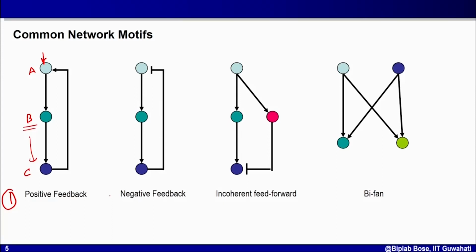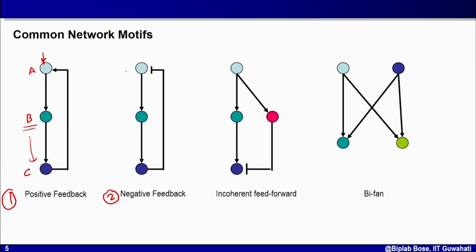Let us look at the second very common network motif in molecular processes, negative feedback. Just like positive feedback, it is the same thing where a feedback is there, but only the sign is changed. So what is happening? The first one is X, which is a transcription factor that induces production of Y, suppose.